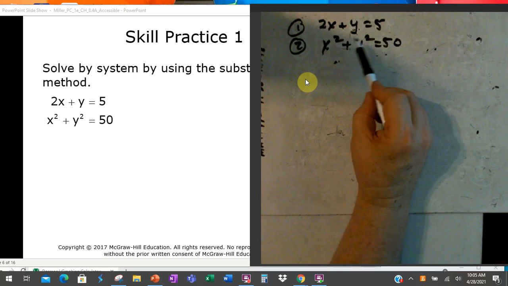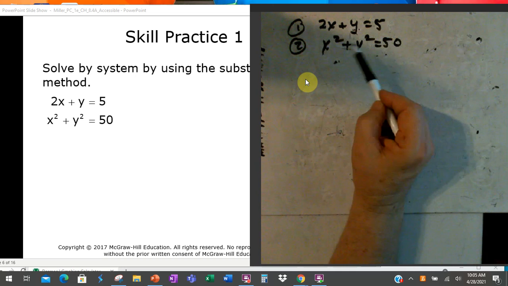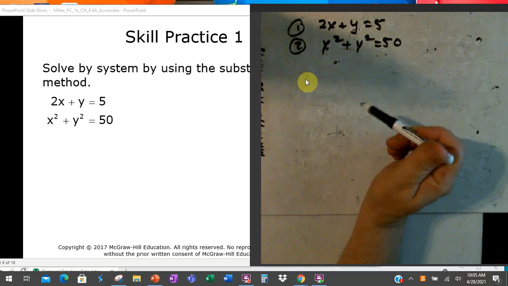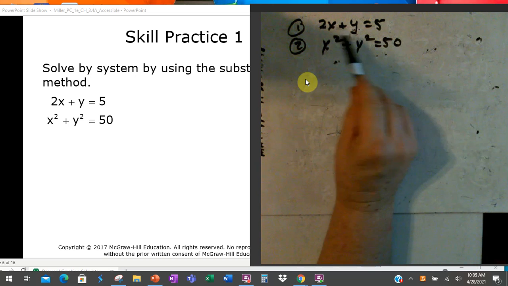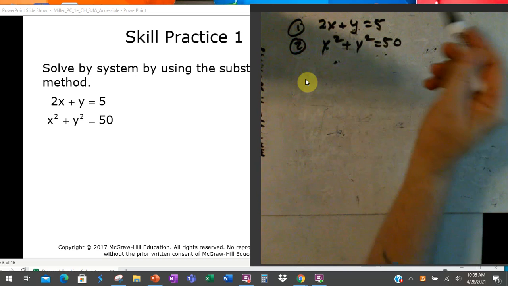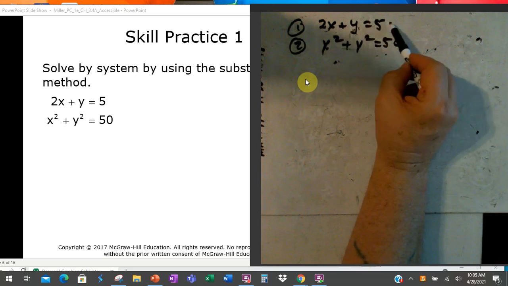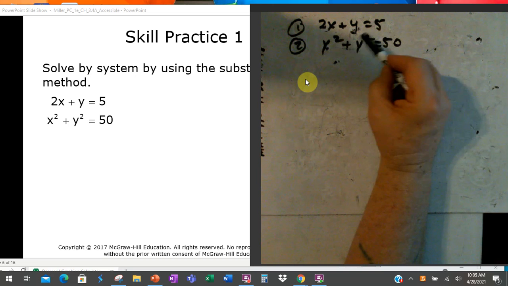So if I solve for y squared, I have no y squared. That's not going to do me any good. I'd have to take the square root and then get some square roots in here. That's not a good choice. I could choose either one of these. I've got an x, but I don't want to solve for this. If I did for x, I'd have like 5 minus y all over 2. I don't want to square all that stuff.